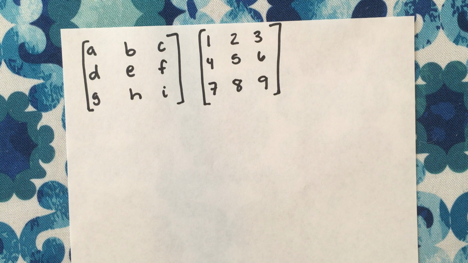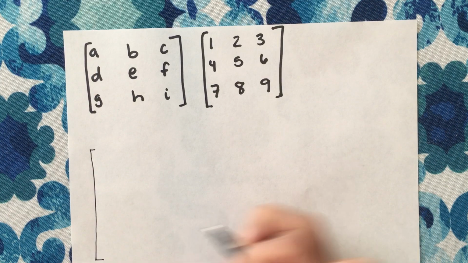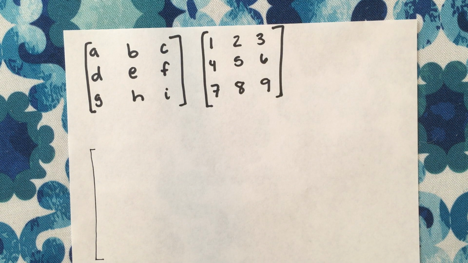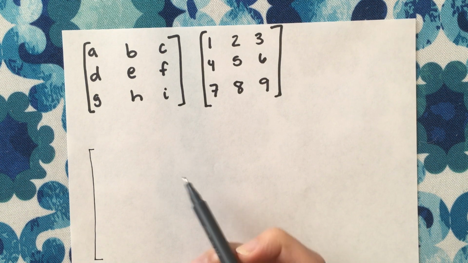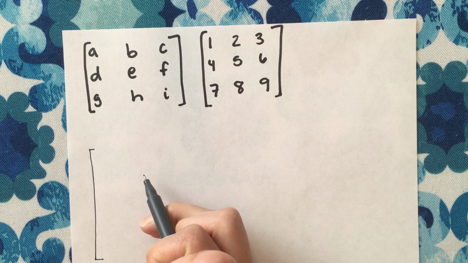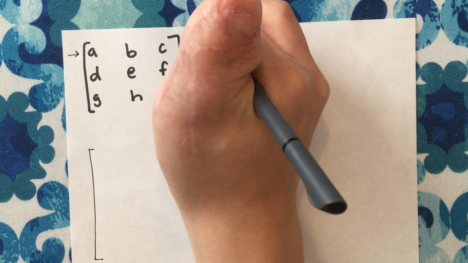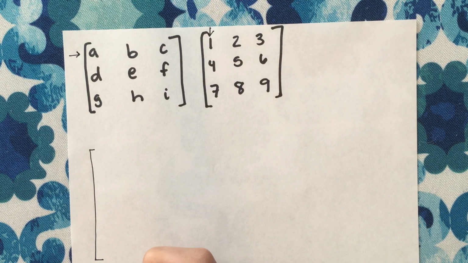Okay, so we're going to do the A11 position first. And I'm going to draw my matrix pretty big. So that's this first element. A11 corresponds to the first row and the first column.